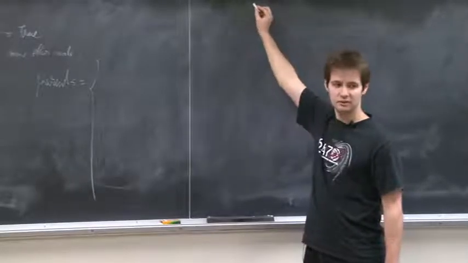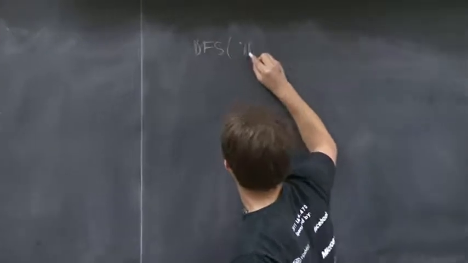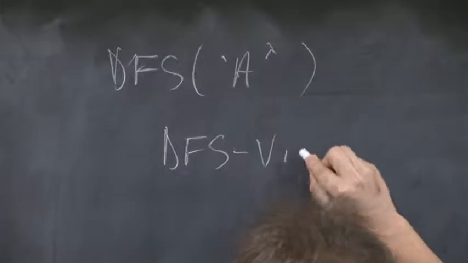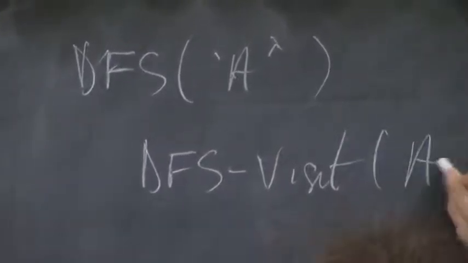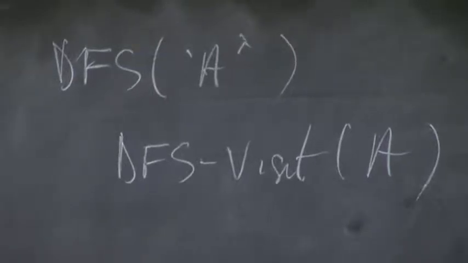Where do I start? DFS of A, right? DFS of A, and this is going to call DFS visit of A. What are A's neighbors? B and G.